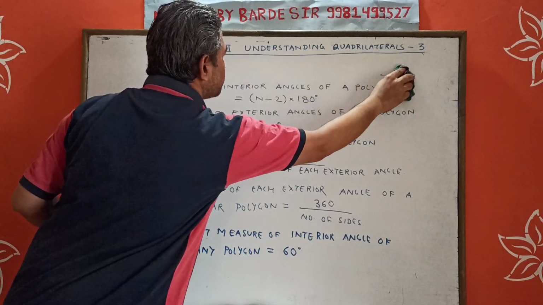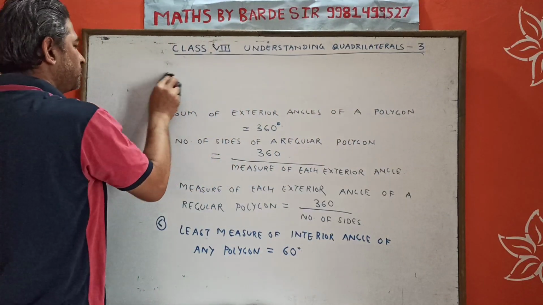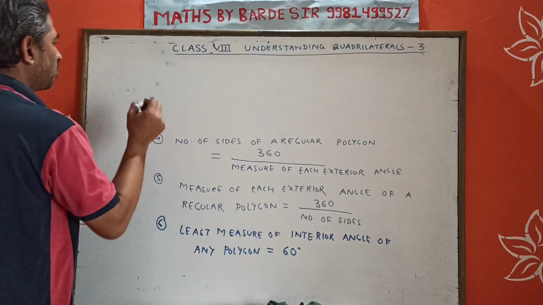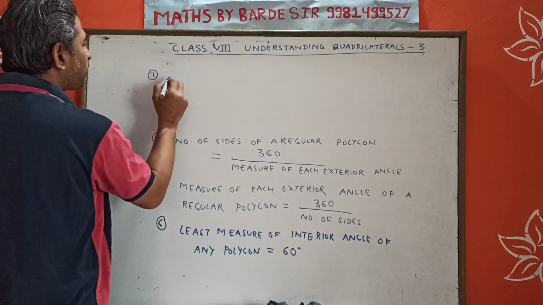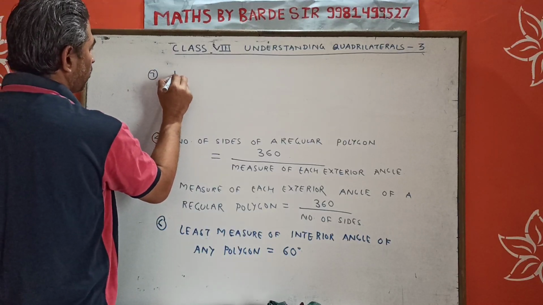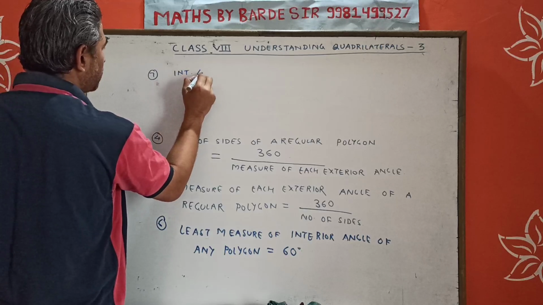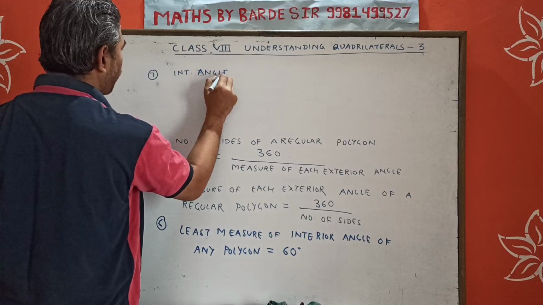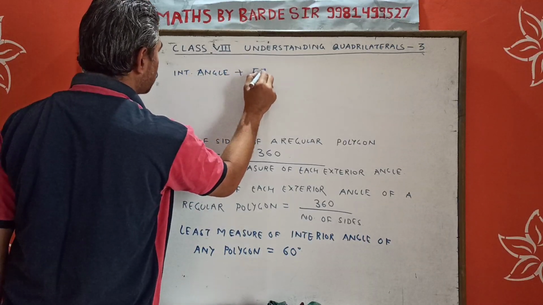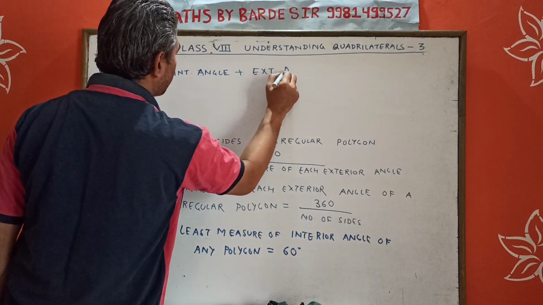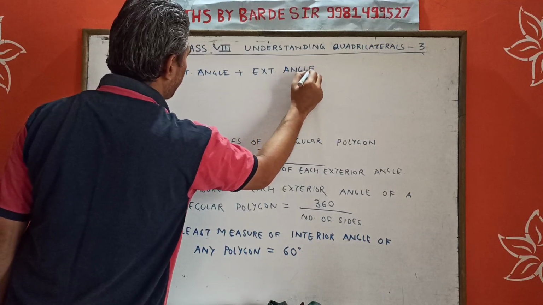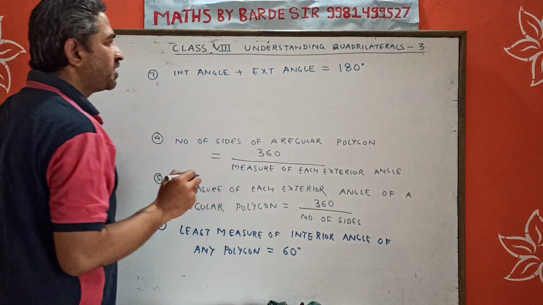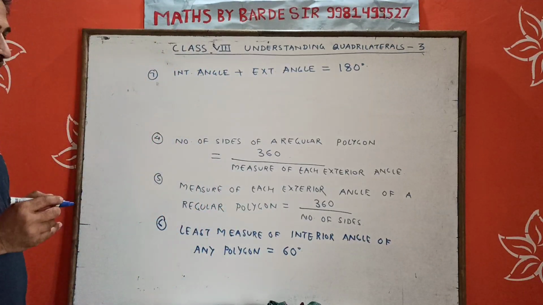Another point: for any polygon, the measure of interior angle plus exterior angle is always equal to 180 degrees because they form a linear pair.